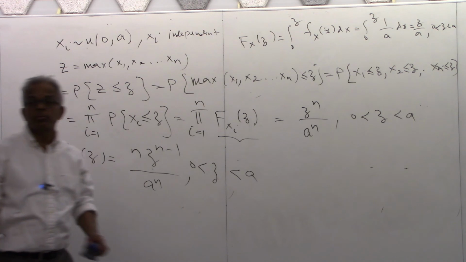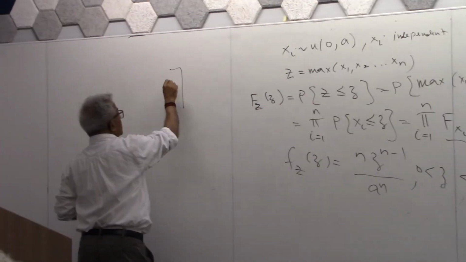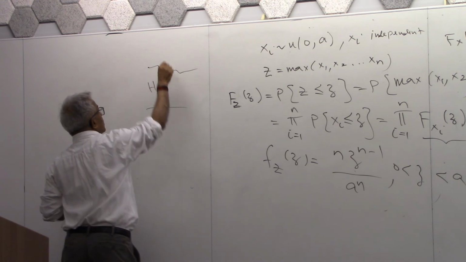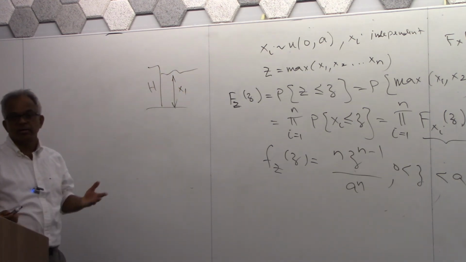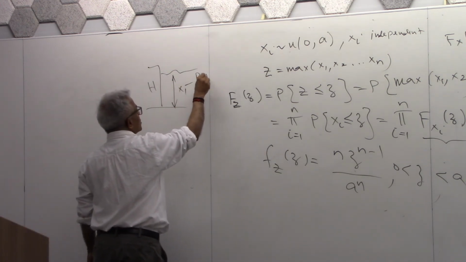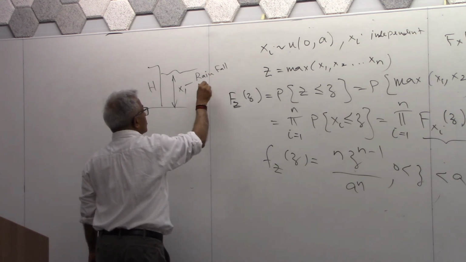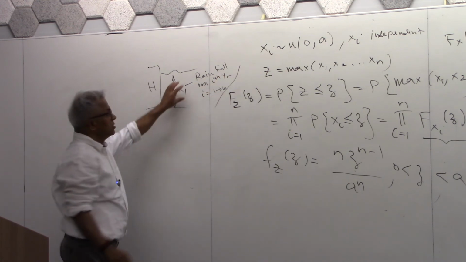So here comes a problem. If you want a practical problem, let the Xi's represent this. You want to construct a dam, and so there is water here. So let X1, X2, etc. represent the water level over the last 100 n years. Xi is the rainfall, right? So this is a random variable.